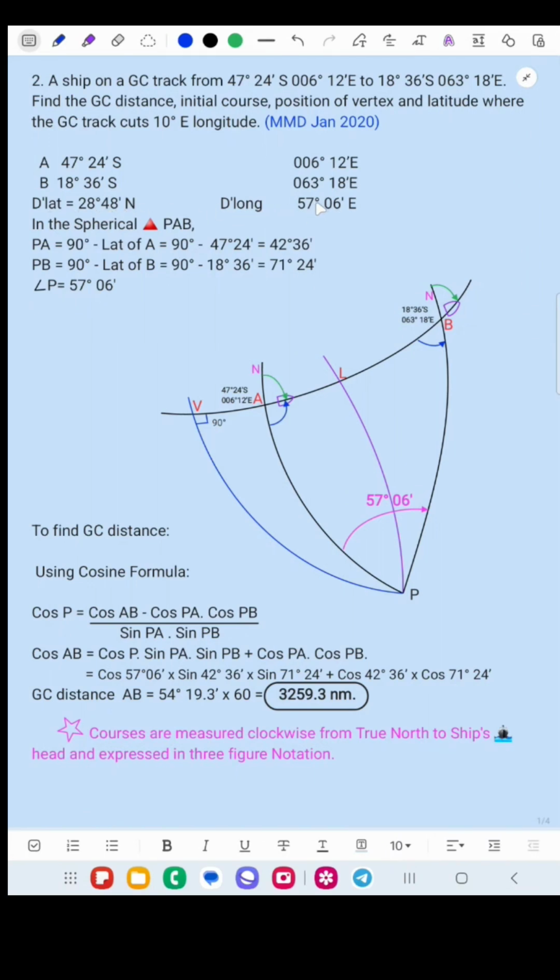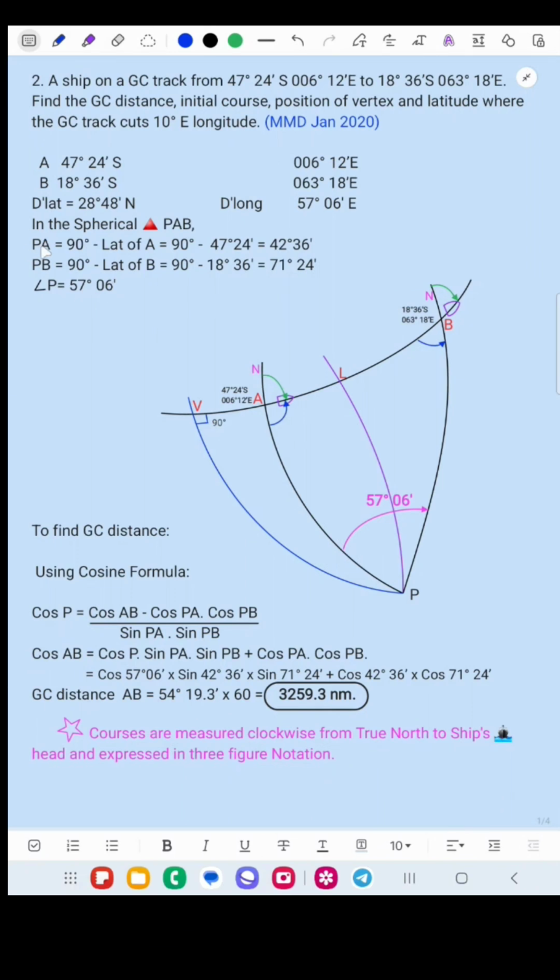So B lies north of A and east of A, that is northeast.